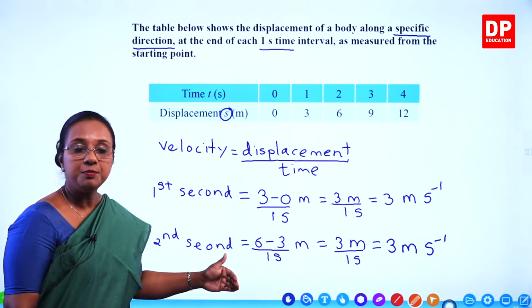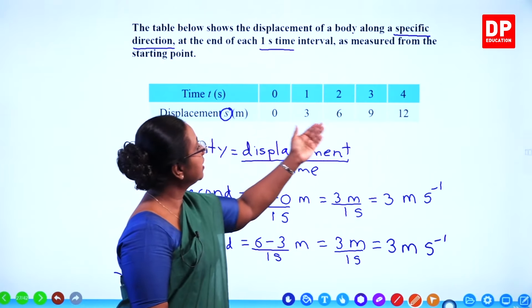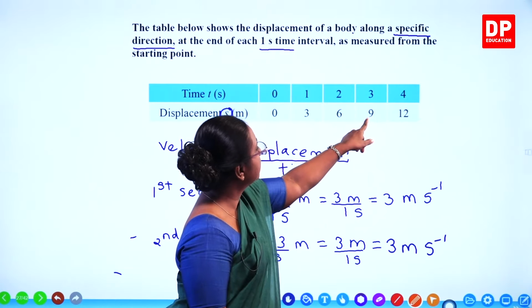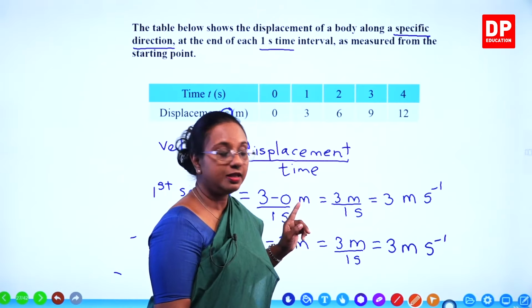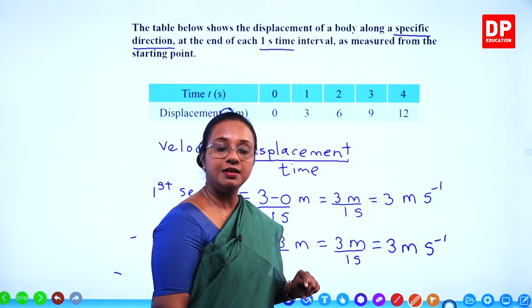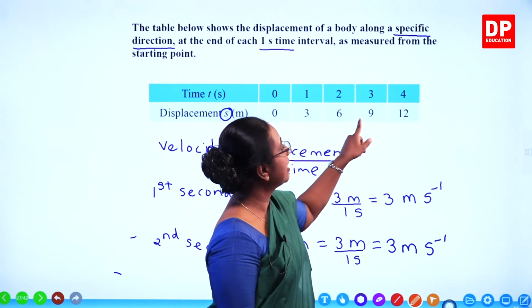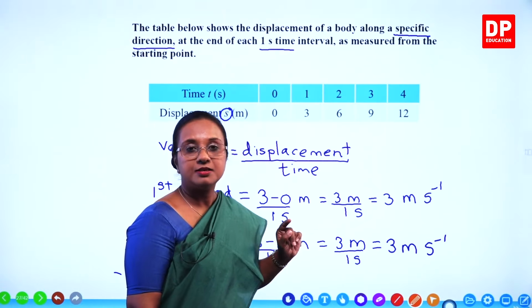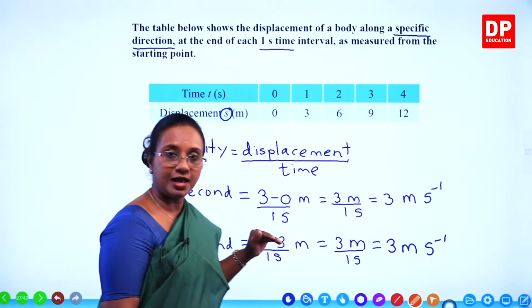Likewise, if we keep on calculating the different velocities at different time intervals, you can see for the third second, 9 minus 6, that is also going to be 3. So the velocity will be 3 meters per second, and for the fourth second, 12 minus 9, that is also going to be 3 meters per second, and all in the same direction.